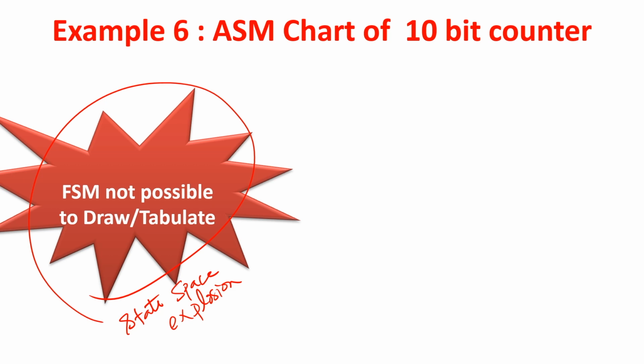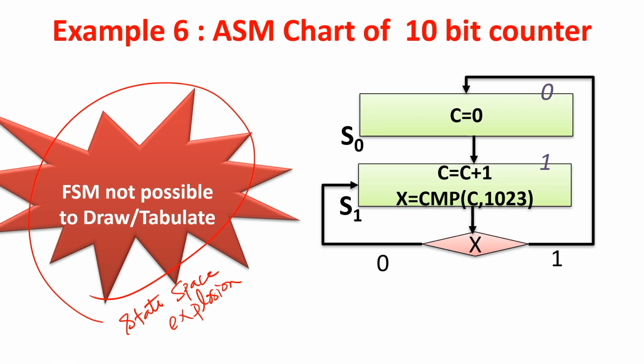We will not be able to model a 10 bit or 20 bit or 32 bit counter, but the same thing we can model using ASM. You can model it with 2 states, S0 and S1. In S1 initialize the counter, and whenever you get a value you increment the counter.